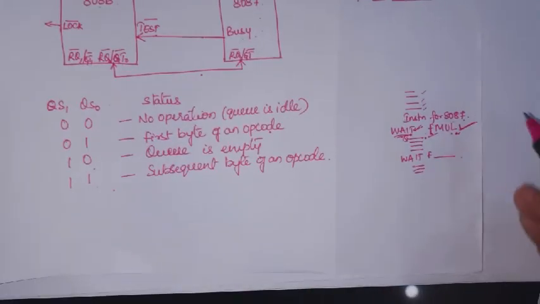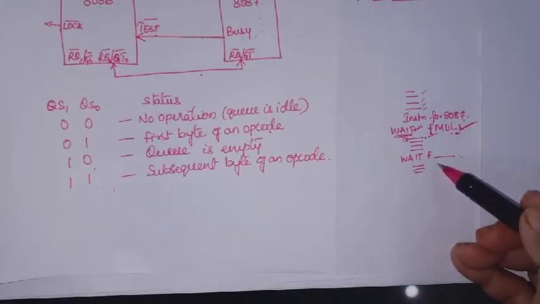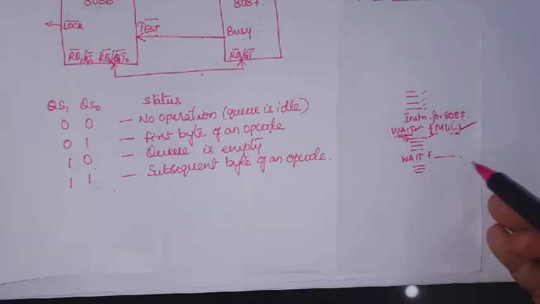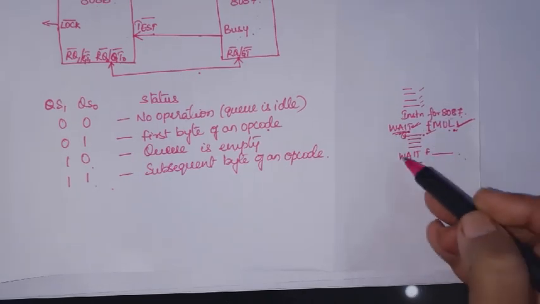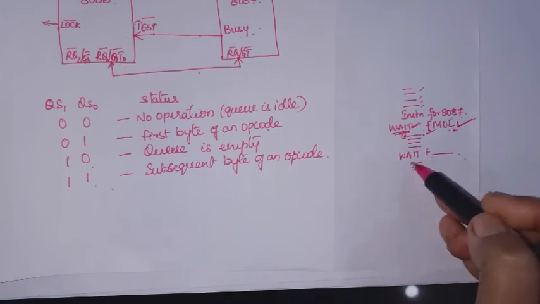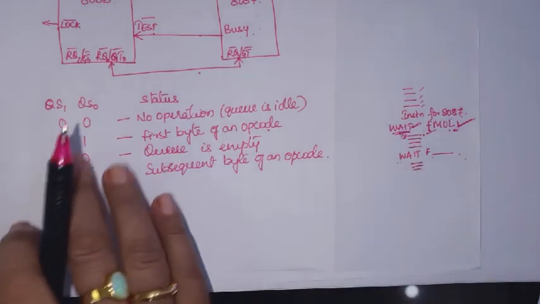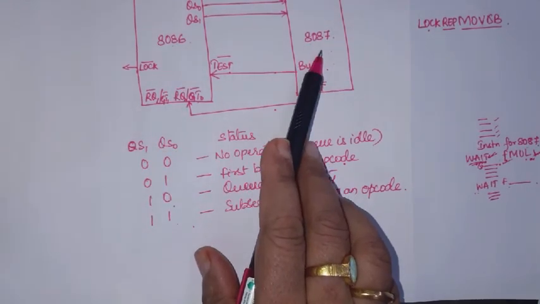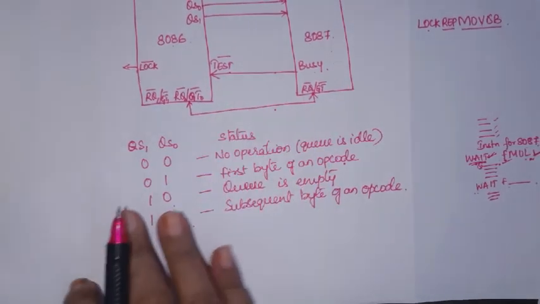You can have a number of such coprocessor instructions in the program. Each time a coprocessor instruction is executed, you can precede it with a WAIT instruction, so that the processor waits until the coprocessor finishes the execution of that instruction. Okay, so this is TEST bar.